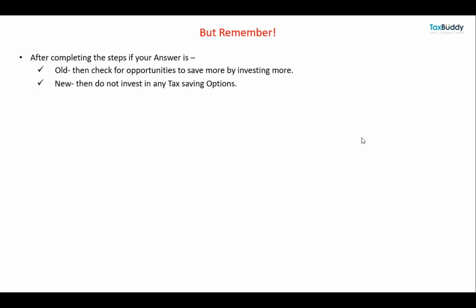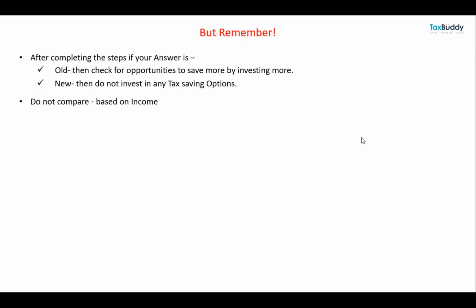If your answer is new, then do not invest in any tax saving options. I will go through a few questions which were asked in my previous webinar before going to the second point. I'll explain that in my next slide.